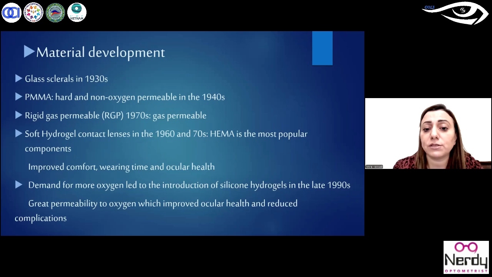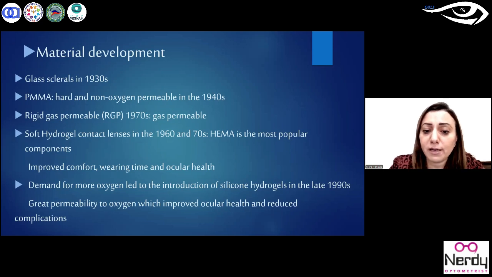In the 1960s to 70s, HEMA, which is hydroxyethyl methacrylate, was the most popular soft contact lens, and it was great. They call these lenses soft hydrogels because they are hydrophilic contact lenses. They have water, they preserve water, and they allow oxygen to the cornea. And they depend on water to provide the oxygen.